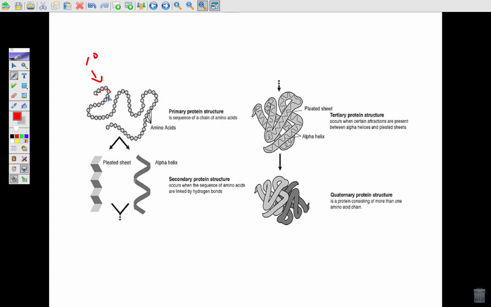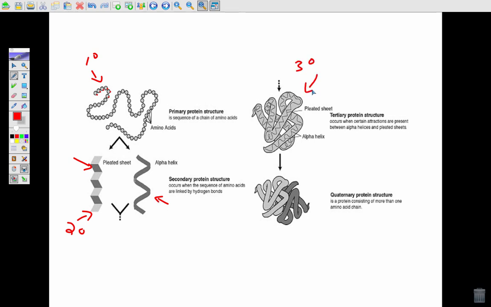The primary structure is simply the sequence of amino acids. Which amino acid do you have first? Here are examples of the secondary structure. You've got a beta-pleated sheet here, and then the alpha helix there.